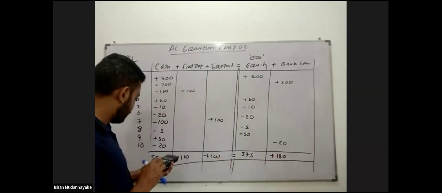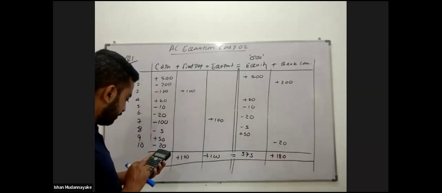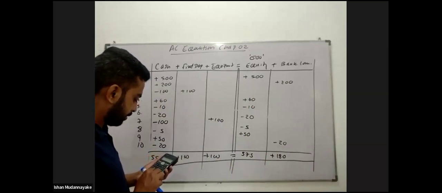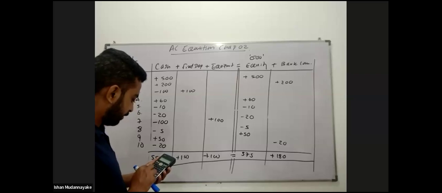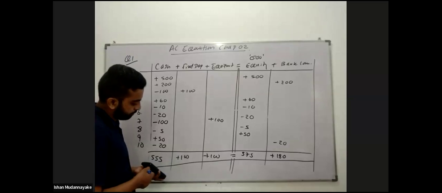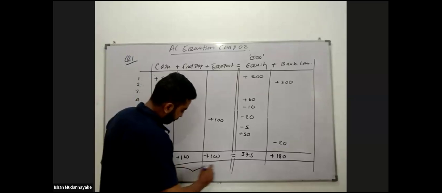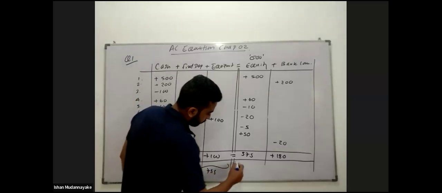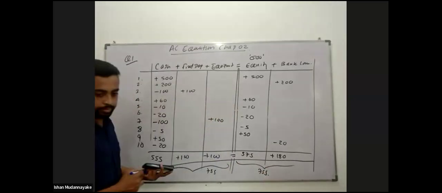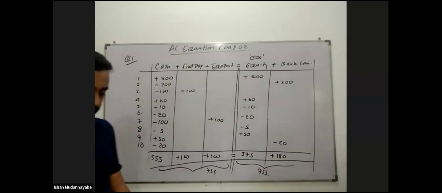So it's equal, 555 plus 200, 755, and then 575 plus 180. Yes, both are equal. 755. Yeah, 755. Both are equal. Right.